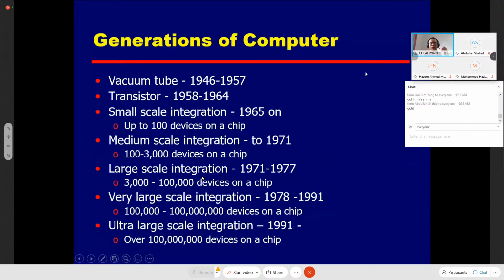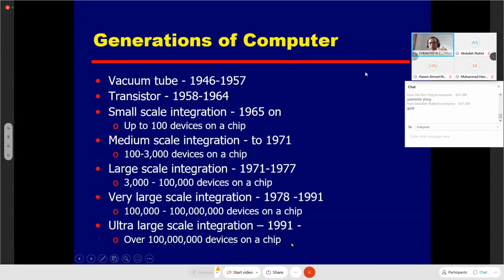Now, when we talk about this generation of computers with all the different levels of integration, we will see how many of these microscopic devices are packed onto a single chip. For example, in small scale integration, we're talking about just 100 devices on a chip, let's say, 100 transistors on a chip. That was back in 1965.